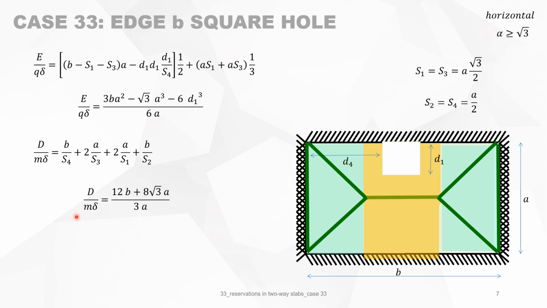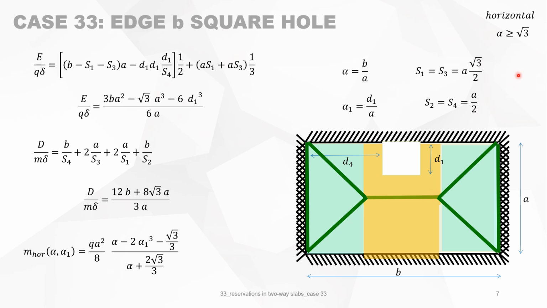Now to find M, B is equal to E, and then we can calculate M, but we will do it with dimensionless parameters, which means alpha is B over A and alpha 1 is D1 over A. And then you have a nice formula for the maximum bending moment.